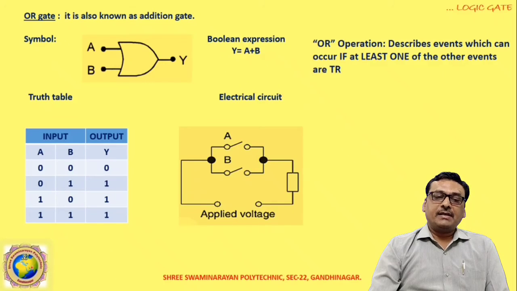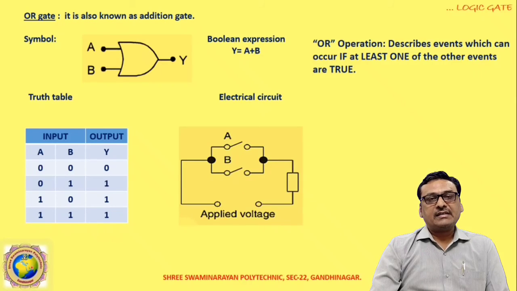If I connect B, then current will pass through the B switch. So if any one switch is closed, output is always available. If both switches are connected, either path can be selected, meaning the low resistive path will be selected and the output is always available, the lamp is on. So OR gate operation describes an event which can occur if at least one of the events is true.